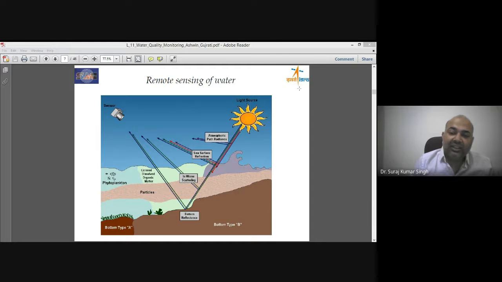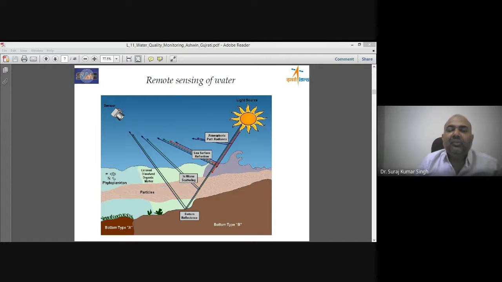So you can see that the electromagnetic radiation is coming to the earth surface, and then it's reflected back from the different terrain, like from soil, from sea surface, from atmosphere, from water, from agriculture. Each and every object has a different spectral response curve depending upon the property of the earth material, and that will behave differently in different spectral channels.